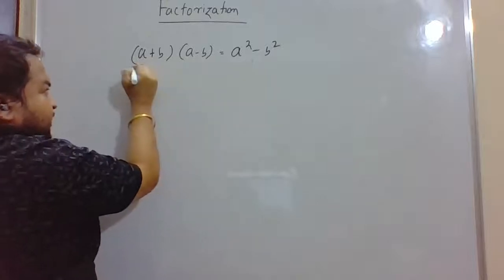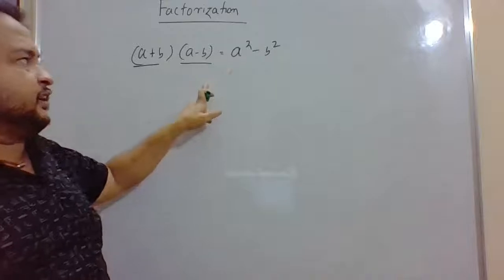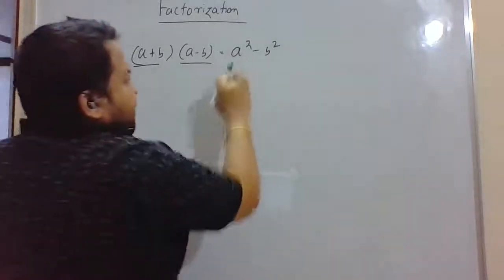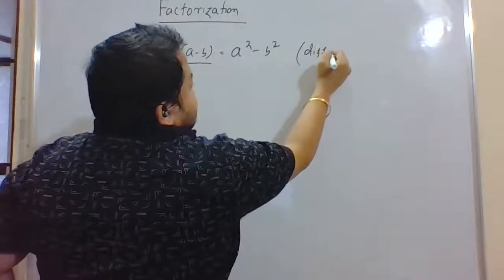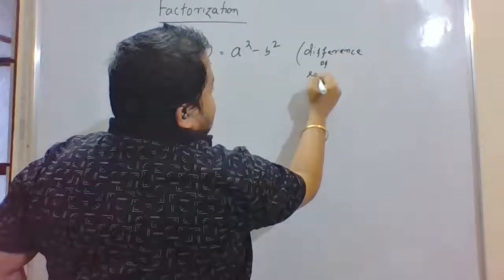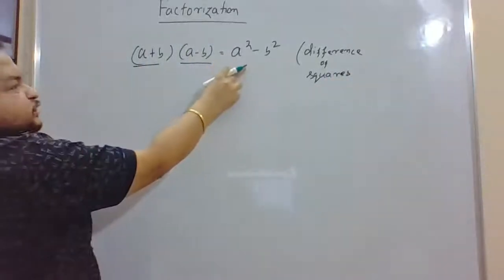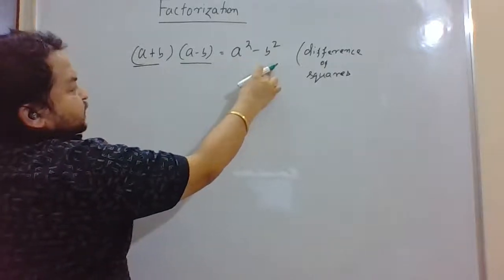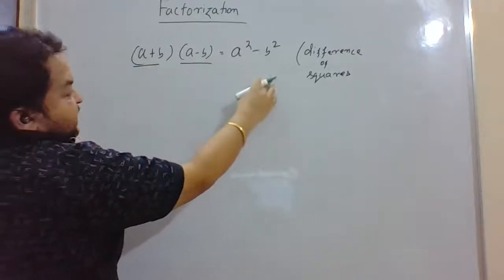So can I say that a plus b and a minus b will be two different factors of a squared minus b squared, which means if my expression is expressed as a difference of squares, a squared minus b squared, I can factorize that as a plus b into a minus b.